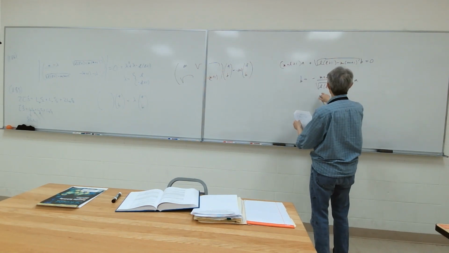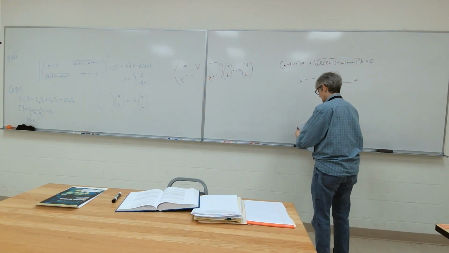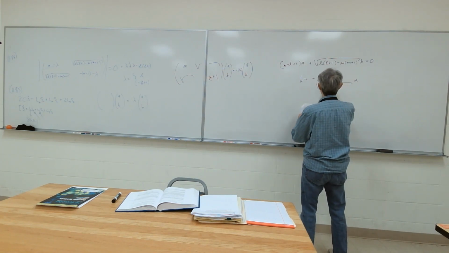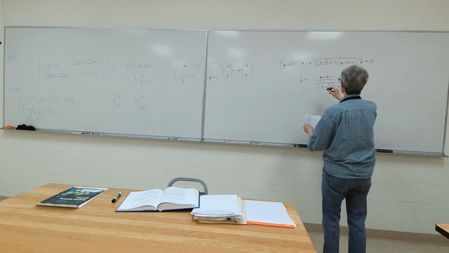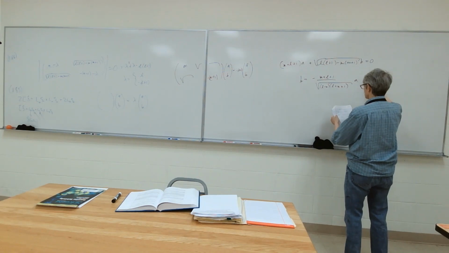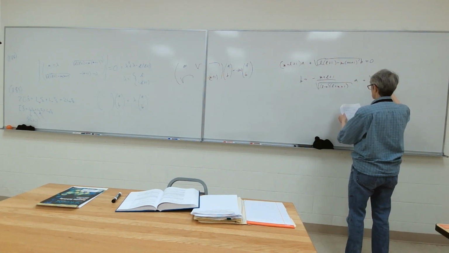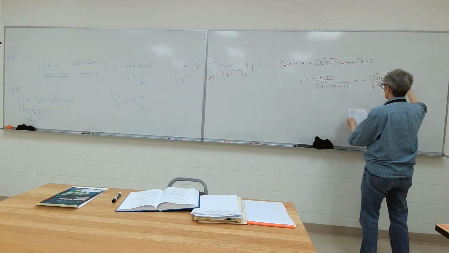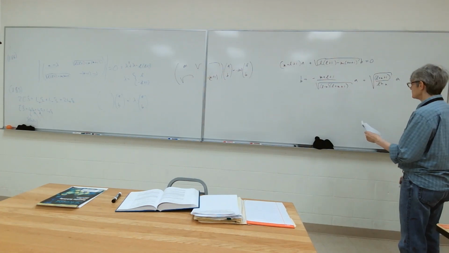Again, I'm going to rewrite this so things look nice. That's L minus M times L plus M plus 1. So this is the same thing as the square root of L plus M plus 1 over L minus M, times A, except I forgot my minus sign.